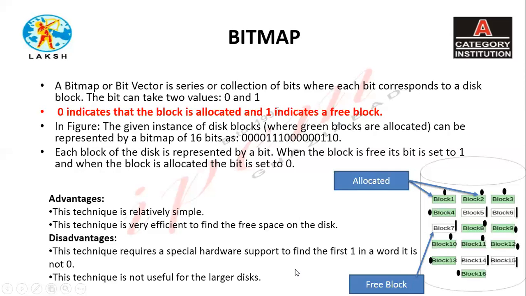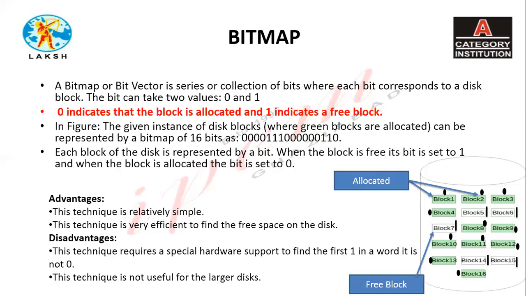A bitmap is a series or collection of bits where each bit corresponds to a disk block. The bit can take two values only, a 0 or a 1. 0 indicates that the block is allocated and 1 indicates that the block is free.